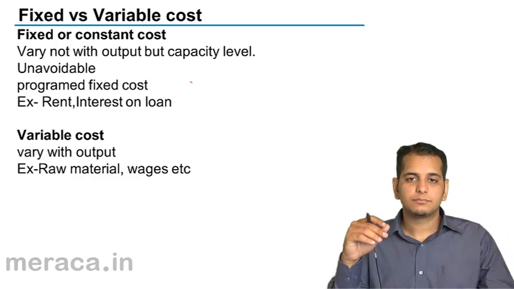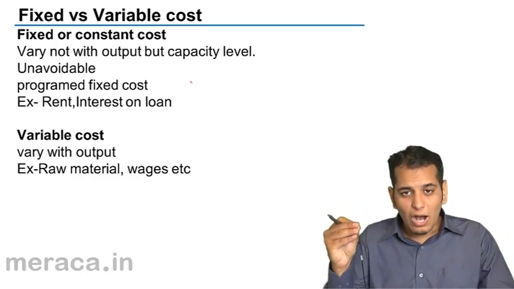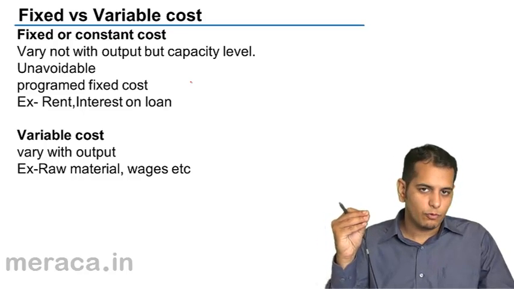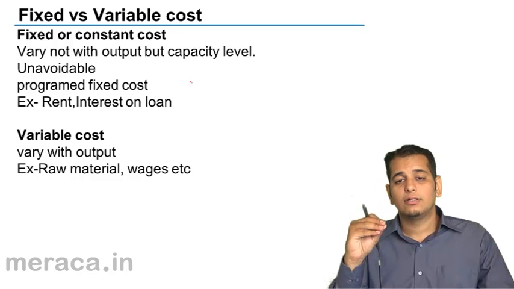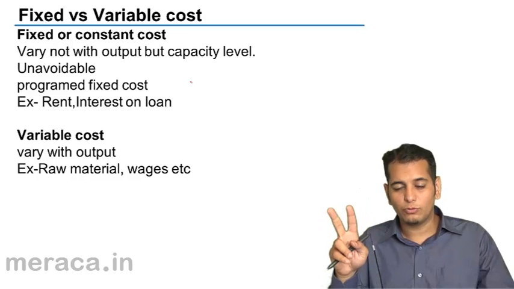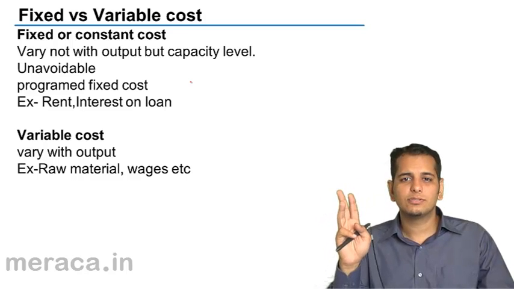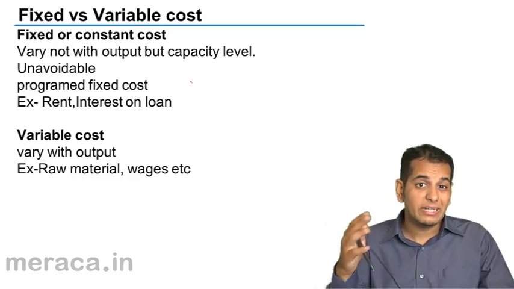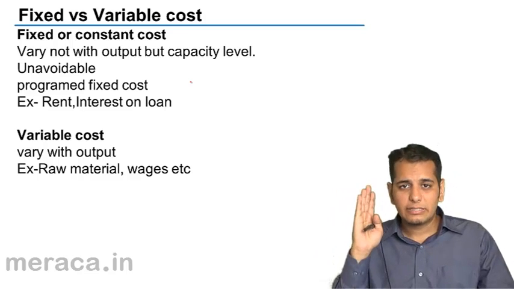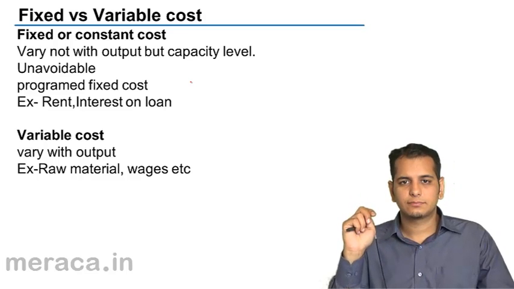For example, if you hire a room for rupees 10,000, it doesn't matter if one person stays in it or two persons stay in it, or 3, 4, 5 or 10 stay in it, you have to pay rupees 10,000 only.